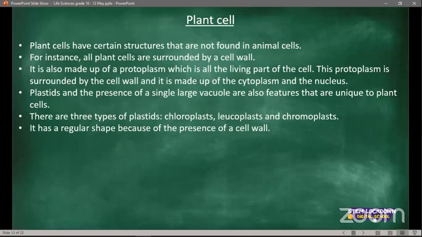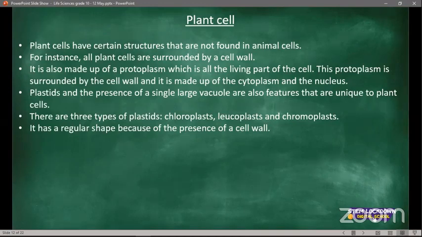And these two are features that are unique to plant cells, meaning that they are not found in other cells. So you cannot find plastids in an animal cell, and an animal cell does not have a large vacuole.